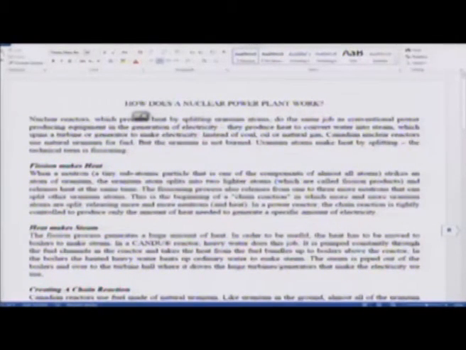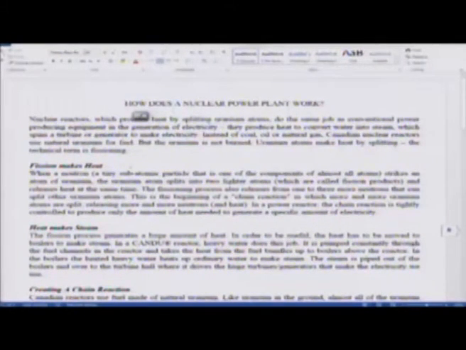The fissioning process also releases from one to three more neutrons that can split other uranium atoms. This is the beginning of a chain reaction in which more and more uranium atoms are split, releasing more and more neutrons and heat. In a power reactor, the chain reaction is tightly controlled to produce only the amount of heat needed to generate a specific amount of electricity.